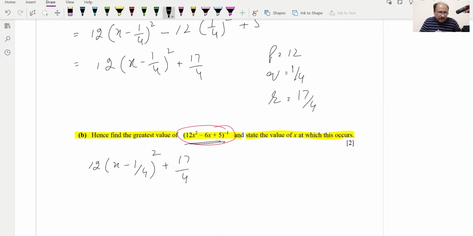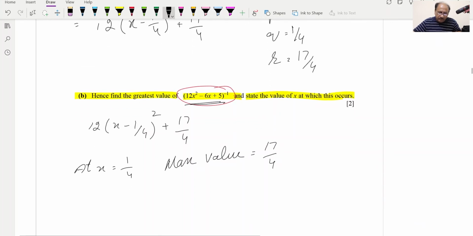This will be maximum when x is equal to 1 over 4. So x is equal to 1 over 4 will result this portion as 0. So at x is equal to 1 over 4, this whole value will change to 0, and maximum value will be equal to 17/4.